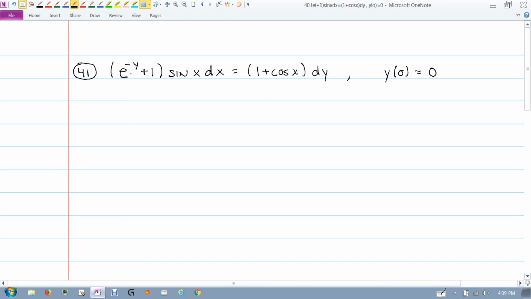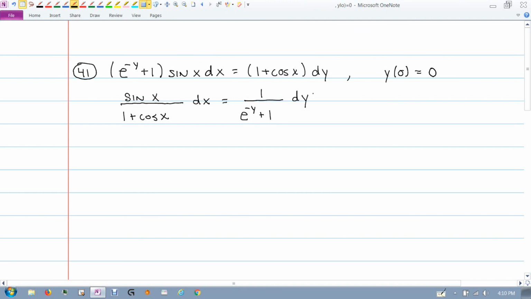All right, so same game as before. We're going to try and get all our x's and all our y's on separate sides. And so I will divide both sides by 1 plus cosine x. And I will also divide both sides by e to the negative y plus 1.